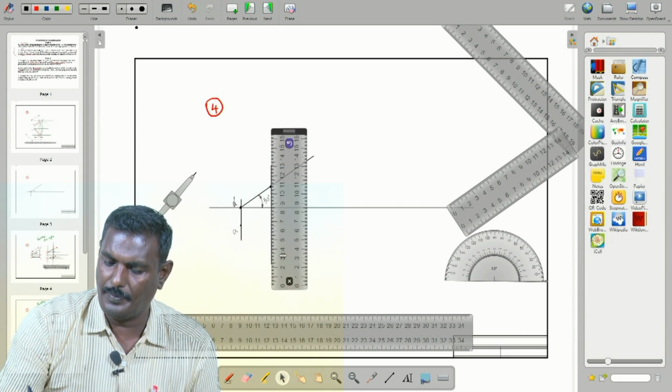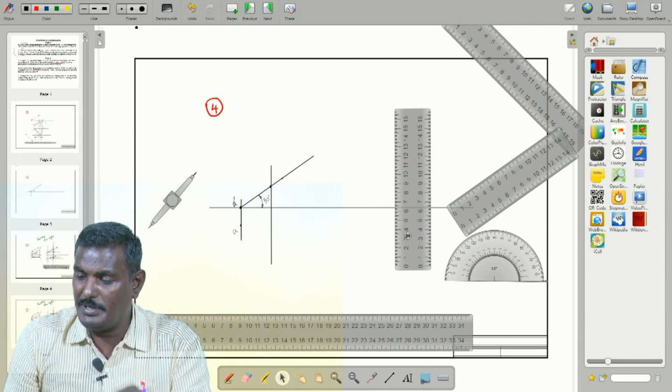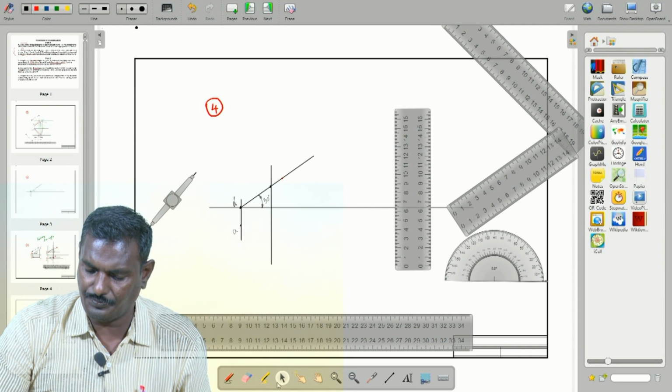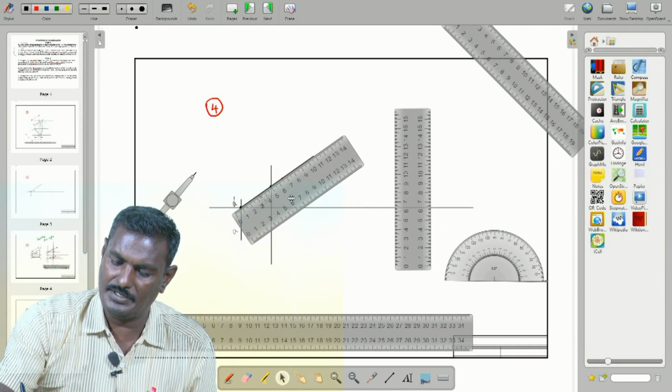Draw a projector to that point, because that measurement line gives these measurements.